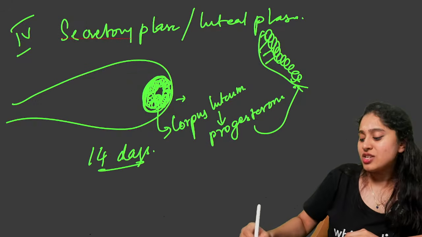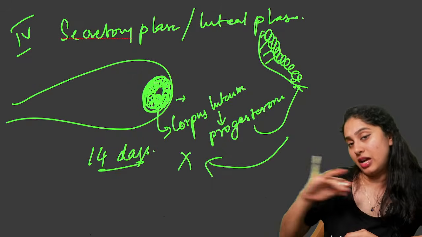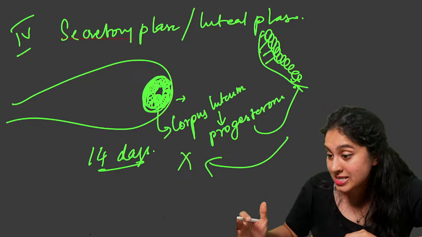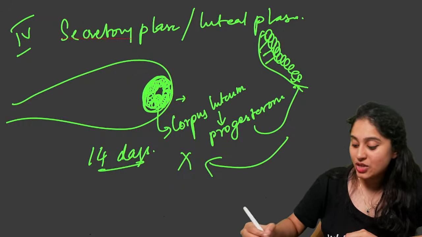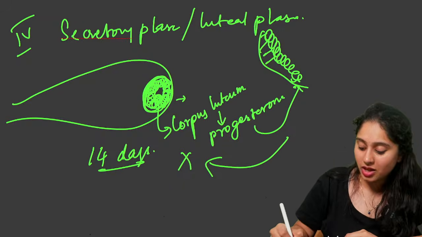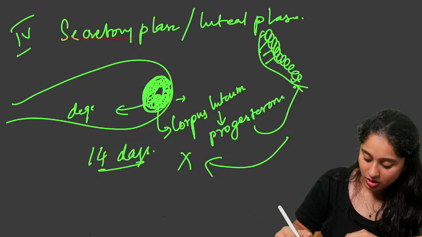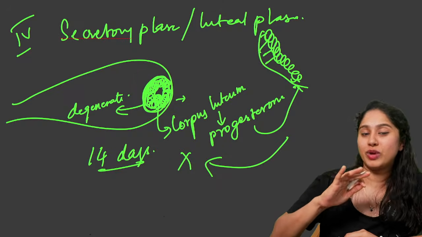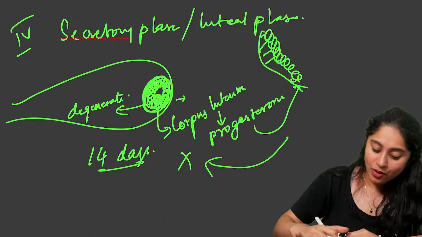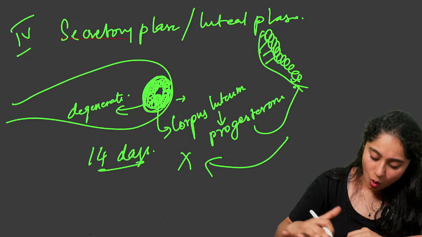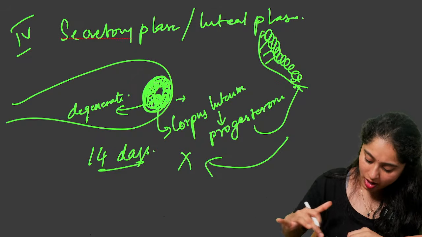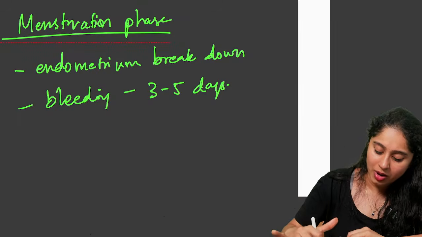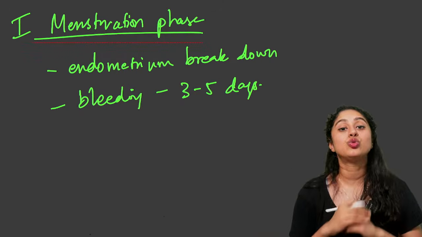If there is no signal coming from a newly developed fetus, if there is no pregnancy, then it will directly cause degeneration. It will degenerate around the 25th or 26th day of the cycle, and it will go back to square one, where the endometrium will break down and all the tissue will get out.